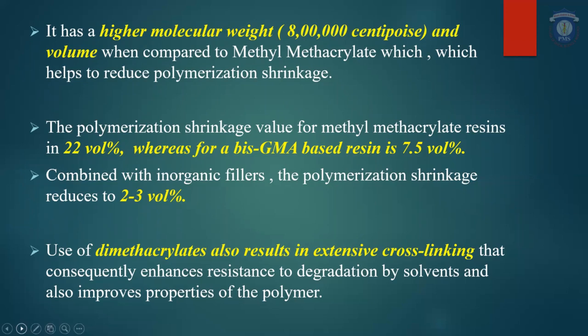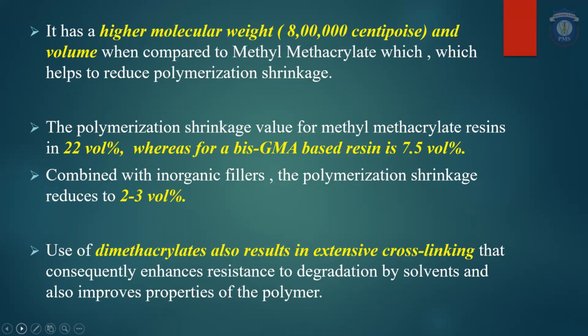As you know, when addition polymerization occurs, there is a decrease in distance between the monomer particles. Before the addition polymerization, the force of attraction between the monomer particles is the van der Waals force, or the secondary force. When this gets converted to a covalent bond, there is a decrease in distance.